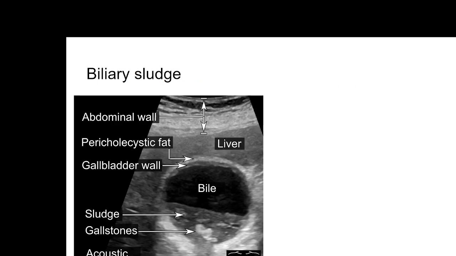Another complication which can occur after cholecystitis is biliary sludge. Biliary sludge is heterogeneous bile content. The bile, instead of being clear, has some residual substances retained in it, and this also can progress into chronic cholecystitis. In such conditions, ultrasonography shows thickening of the gallbladder wall and heterogeneous substances, many times gallstones also, and high density substances present in the bile can be made out.